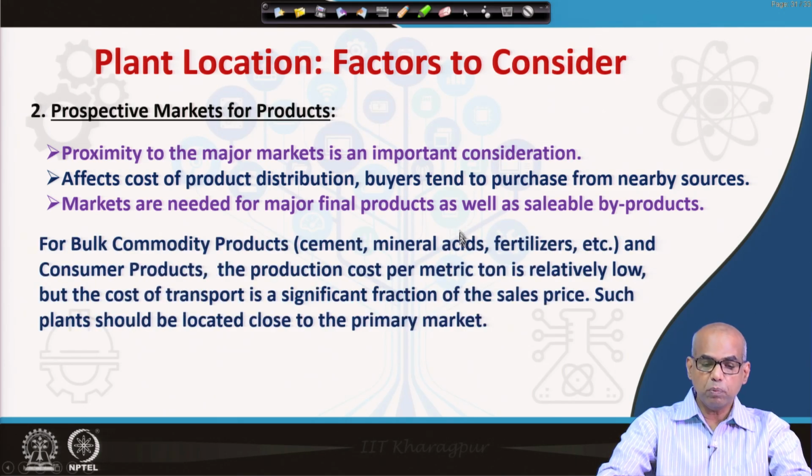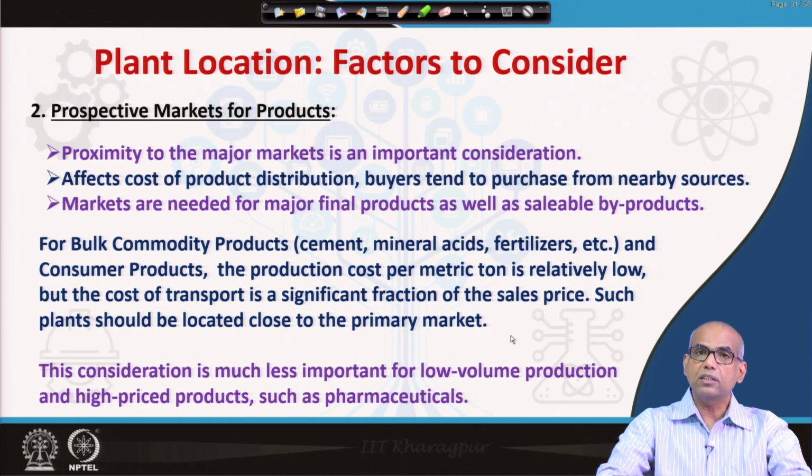For bulk commodity products such as cement, mineral acids, fertilizers, etc., and consumer products, the production cost per metric ton is relatively low, but the cost of transport is a significant fraction of the sales price. Such plants should be located close to the primary market so that you minimize the transportation cost.